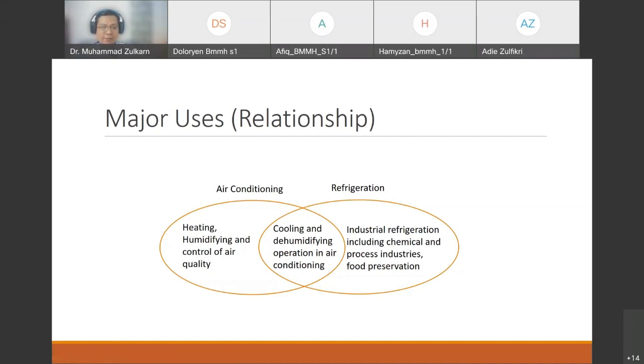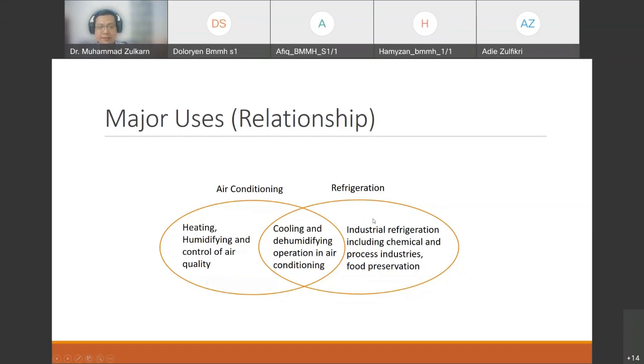Air conditioning covers heating, humidifying, and control of air quality. But refrigeration is different. They have industrial refrigeration, including chemical and process industry and food preservation. But both have similar parameters, cooling and dehumidifying operation in air conditioning, and they are differentiated by heating.